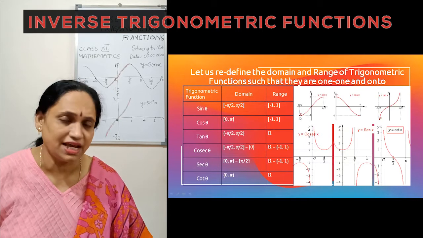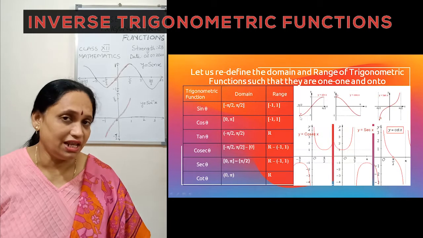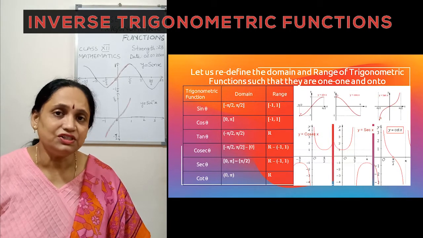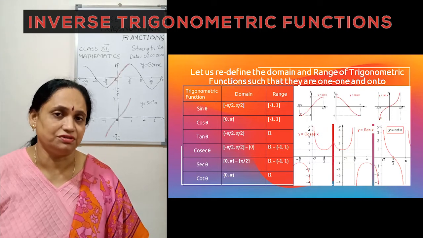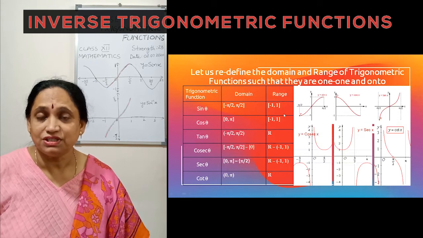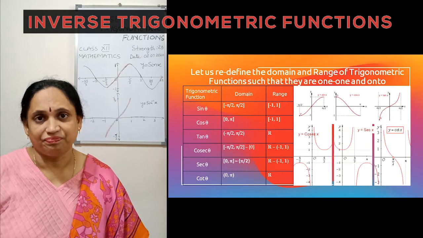So distinct elements will have distinct images, and every element of the second set has a pre-image. The condition that is required to find the inverse of a function is being satisfied. So if we restrict this way, we can definitely find the sine inverse function.